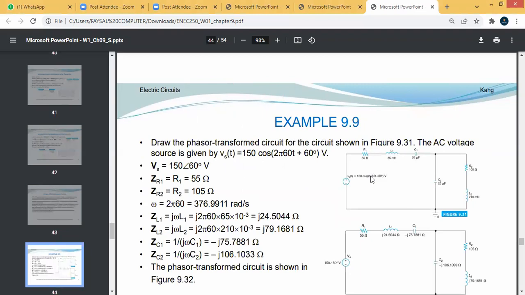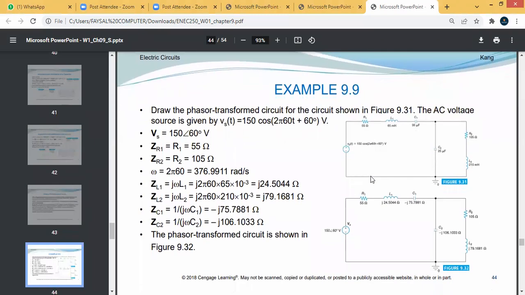Now example 9.9. For this system, we have to draw the phasor transform circuit, which is shown in figure 9.31.